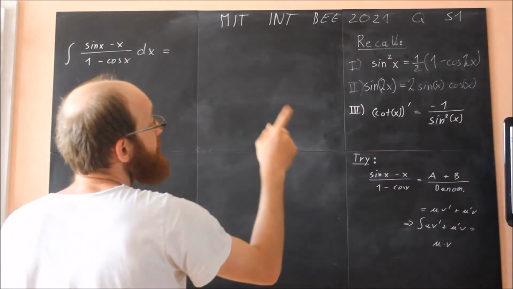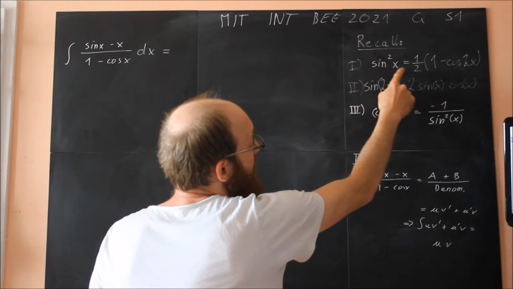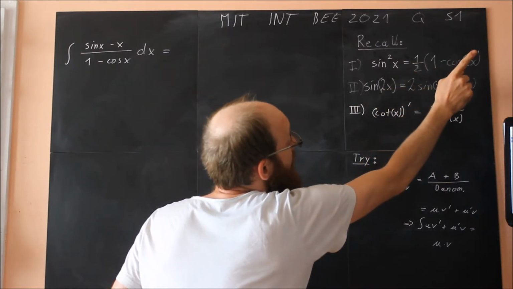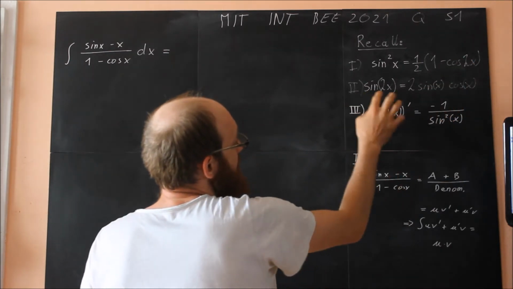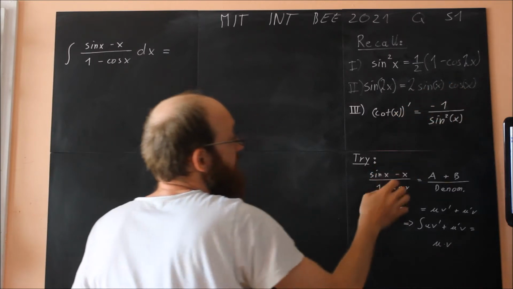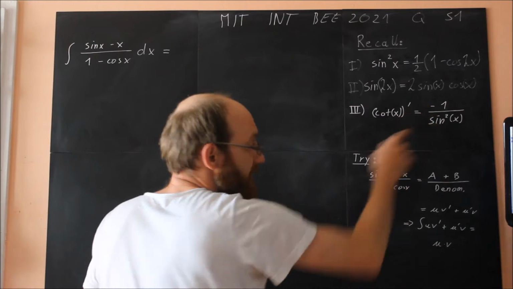So first I want to recall: sine squared of x is 1 over 2 times 1 minus cosine of the doubled argument. And second, sine of 2x is 2 times sine x times cosine x, and the derivative of the cotangent is minus 1 over sine squared.